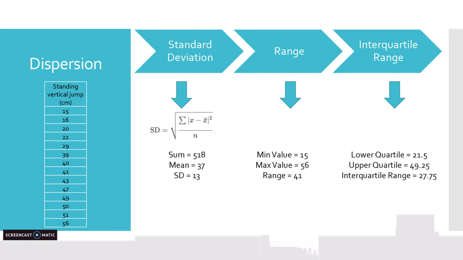Dispersion relates to the spread of data. This is the range, standard deviation, and interquartile range. Standard deviation is worked out using the square root of the sum of x minus the mean of the data, squared, over n plus 1, and that's how the standard deviation is calculated. And the range is the difference from the highest value to the lowest.